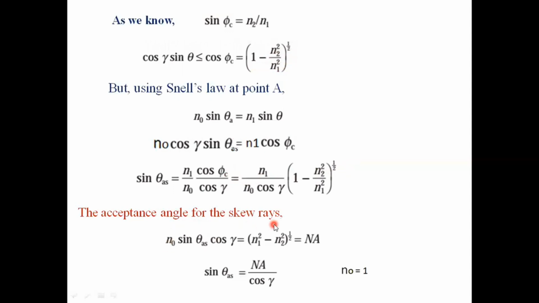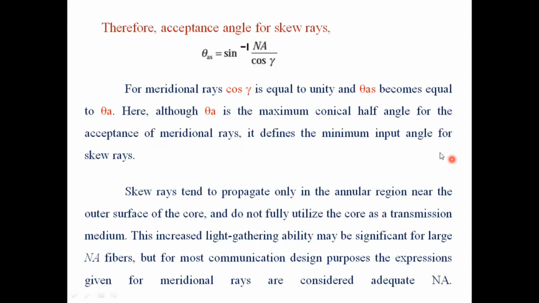Therefore the acceptance angle for skew rays: sin theta as equals numerical aperture divided by cos gamma, where theta as is nothing but the acceptance angle for skew rays, and theta A is the acceptance angle for meridional rays.